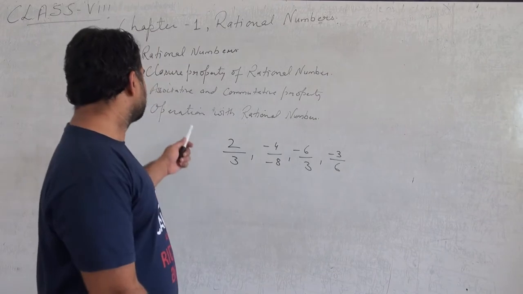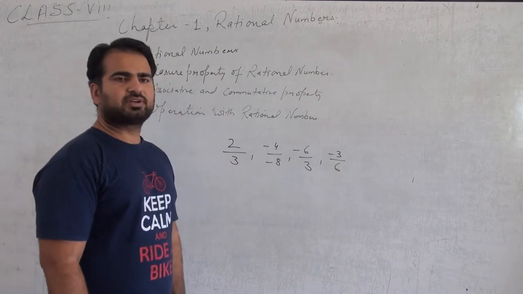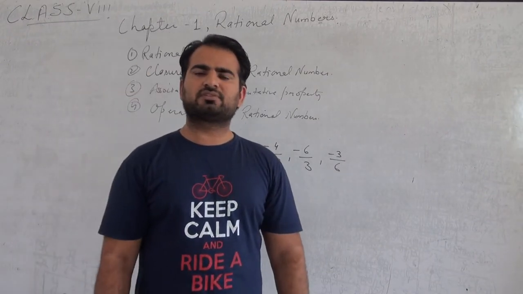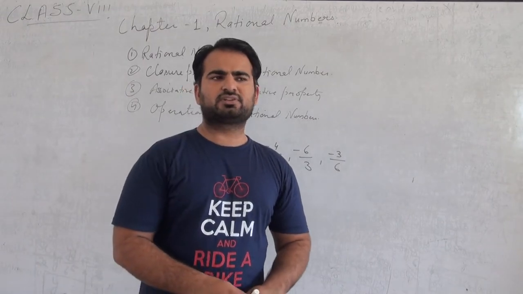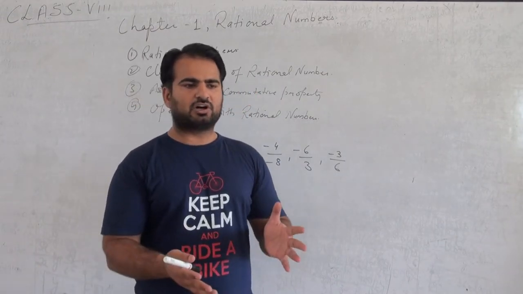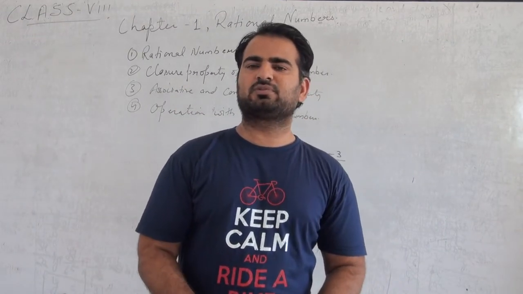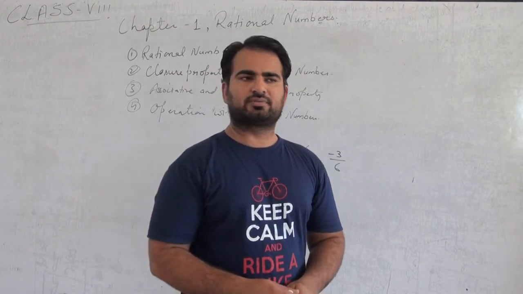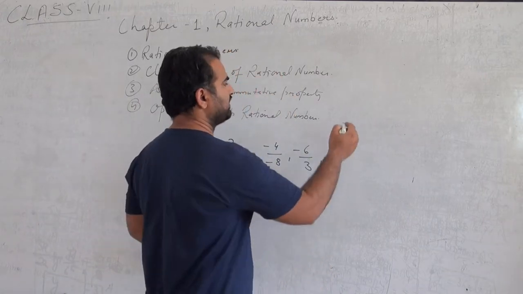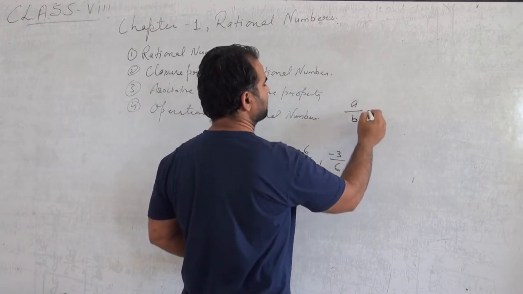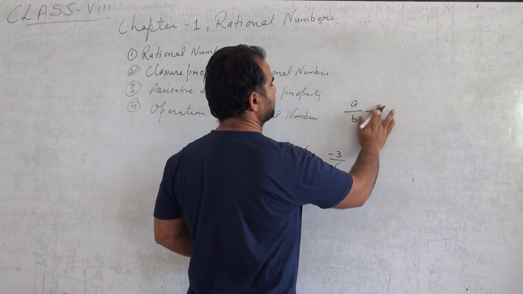Next is associative and commutative property. So what do you mean by associative and commutative property? It means that when we add or multiply numbers, their answer should not change if we change the order. Like a upon b plus c upon d.